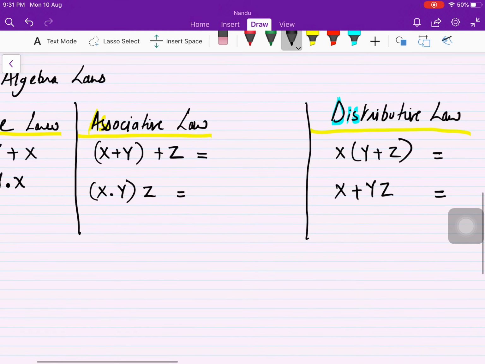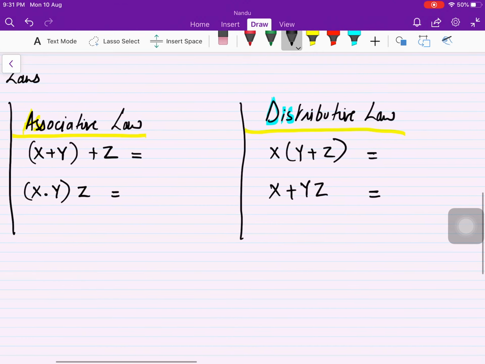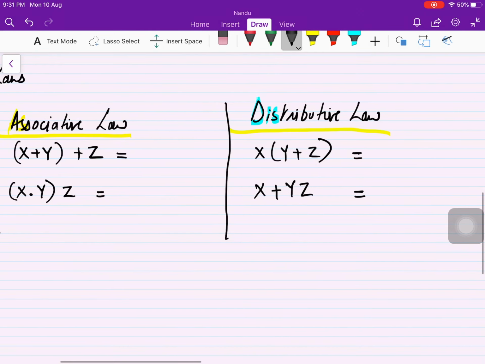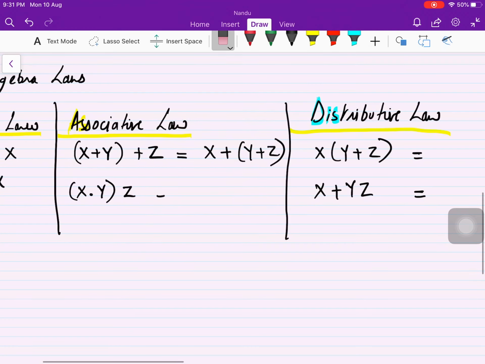If it's written as x plus y plus z, you can also group it differently, as x plus y, plus z. And if it's x multiplied by y into z, you can write it as x y into z. It's the same thing, there is no difference. That is associative law.